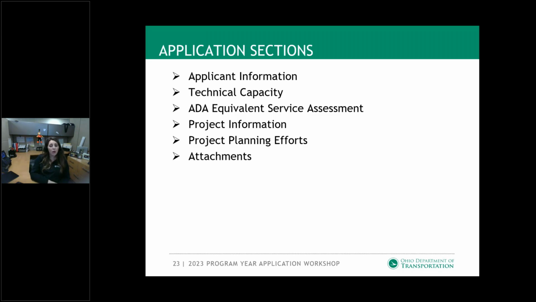If you're not a public transit system, for example, you're going to see a completely different project listing than you would if you were a public transit system, because there's different eligibility for those organization types. If you select projects like vehicles, operating, capitalized maintenance, you are only going to see project sections in your application related to those three projects.